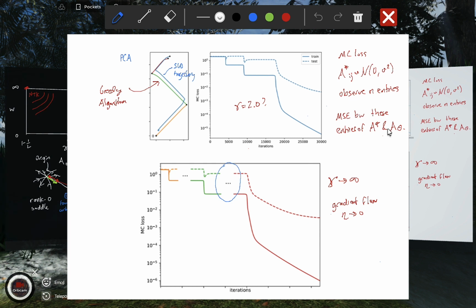What they do for this greedy algorithm is you start with one deep linear network, and you train that until it converges or for a fixed number of time steps. And then you embed that into a W+1 dimensional deep linear network, and you train that to completion. So you learn the next component and you repeat that. So this is explicitly only able to increase the rank one at a time.